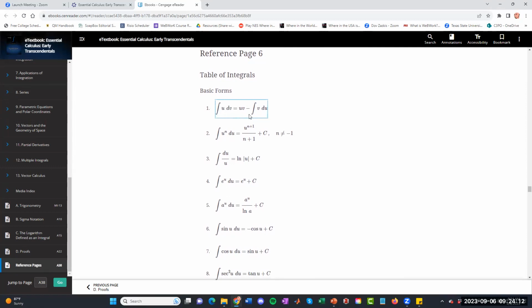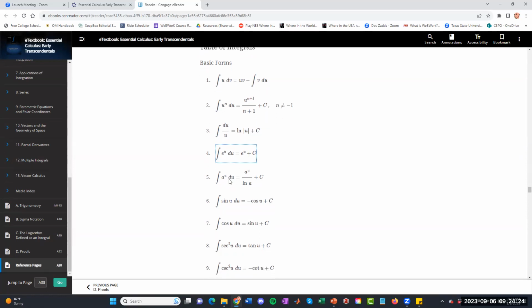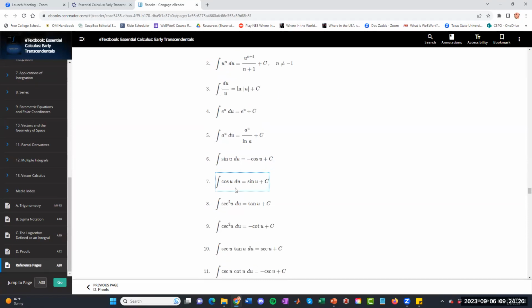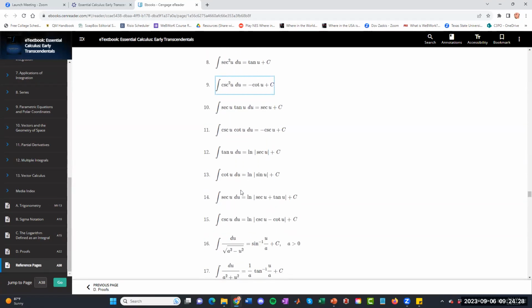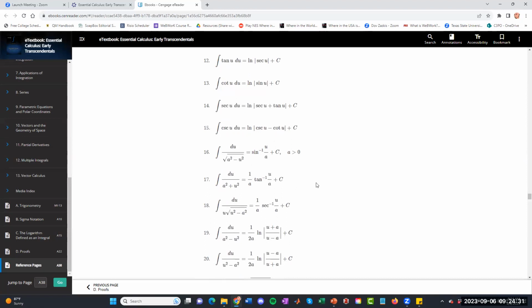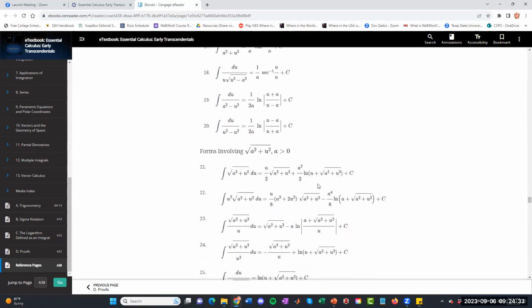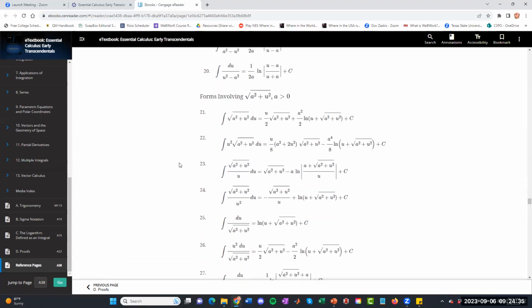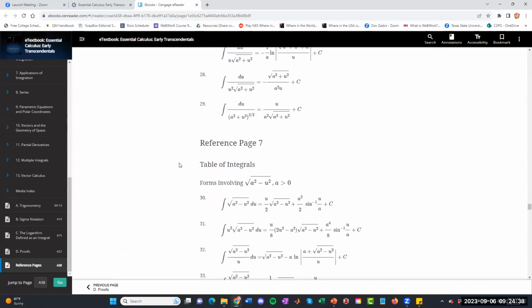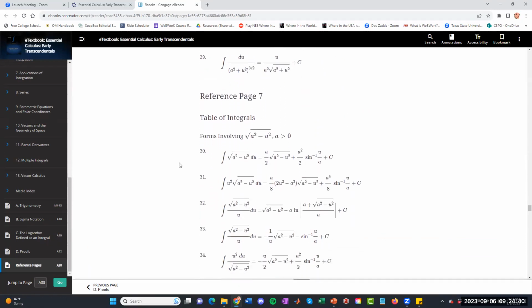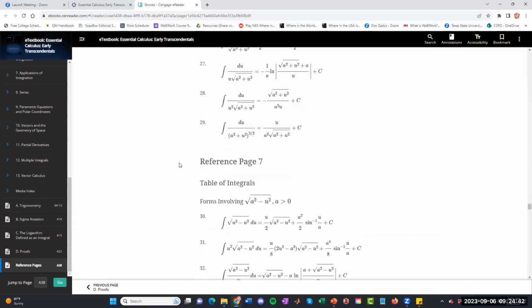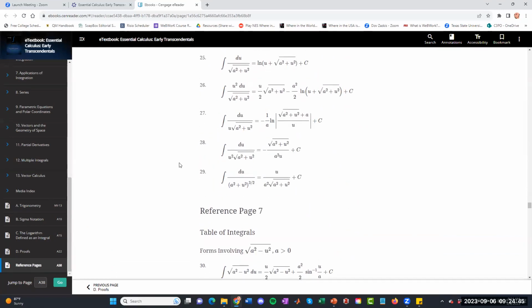Hopefully that one looks familiar now, maybe from last semester. I don't know how deep you got in antiderivatives, but a lot of these you don't really need the tables for. These are the ones I'm not necessarily going to give you on a test, for example. A lot of these, I'm not going to expect you to memorize.